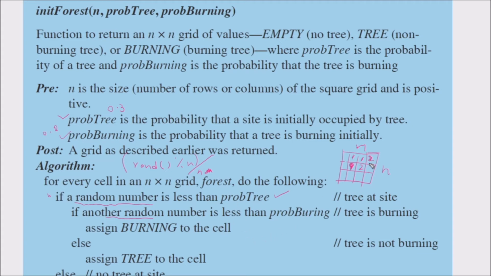So I have filled up 2 numbers already. One is the burning ones, one is a tree, right? So what are the trees which survive from not burning? Well, if the second random number is greater than the burning probability, it will remain as 1, right? And if it is not falling into any of these, so that means my first number is greater than the probability of a tree, then I consider this as empty. So I can put zeros without any problem.